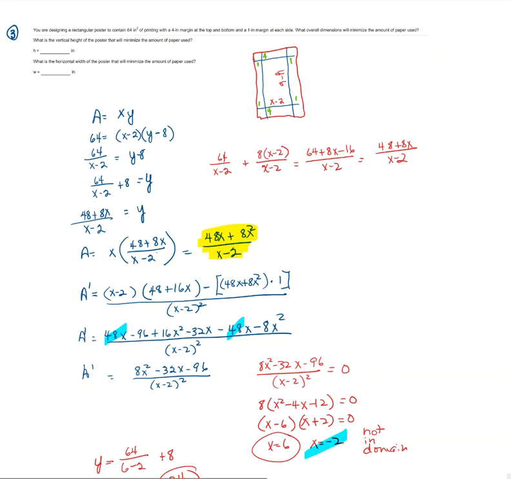All right, so when you draw the picture, it does help if you draw it and you know you've got a 4-inch margin here and here, and we've got 1 on the sides. So if we let this be x, this would be x minus 2. This would be y minus, that has a 6 there instead of an 8. Let me fix that.